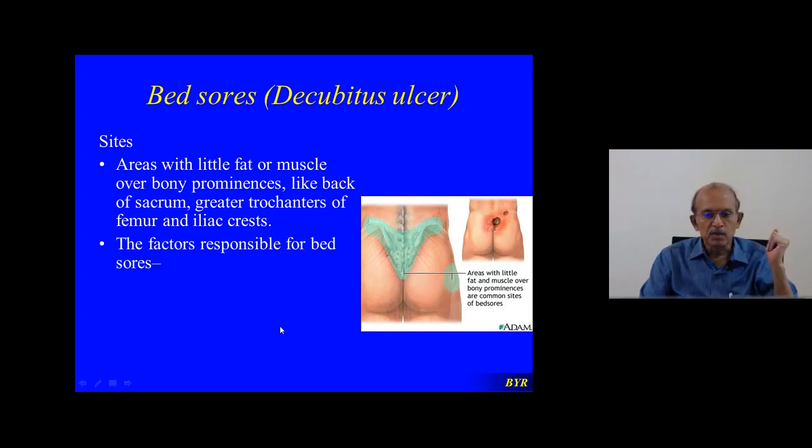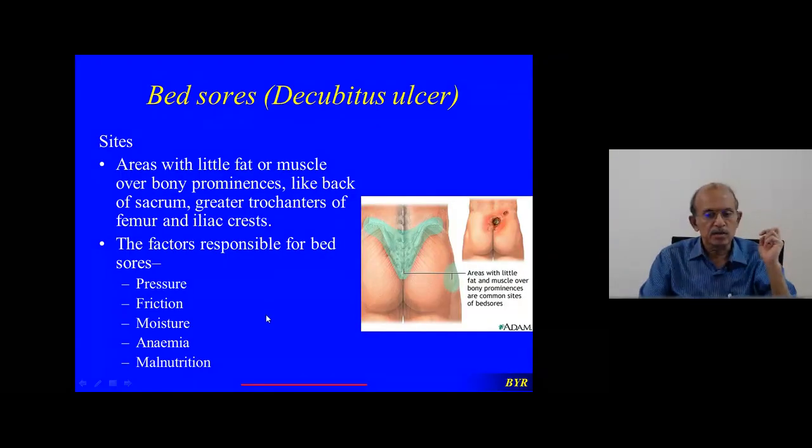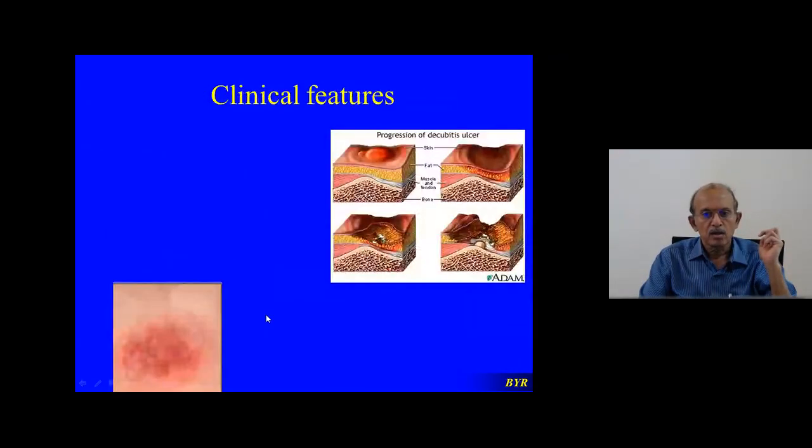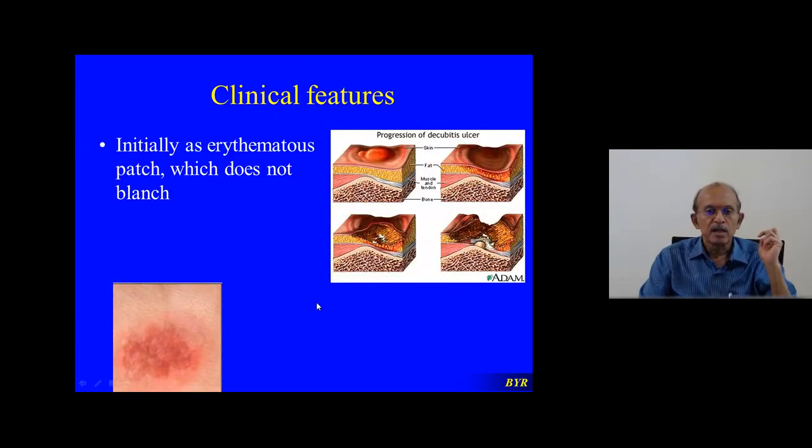The factors responsible for bed sores are pressure, friction, moisture, anemia, malnutrition. These factors help formation of the pressure sores. Clinical features: initially an erythematous patch which does not blanch.